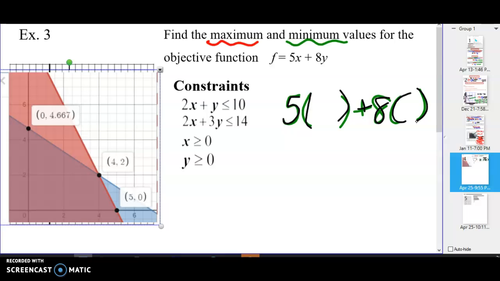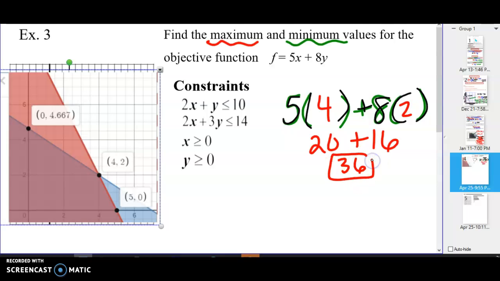So let's plug in the 4 and the 2. So 20 plus 16, and I get 36. Well, what if I were to do 5 times 0 plus 8 times 4.667, which is actually 4 2/3.